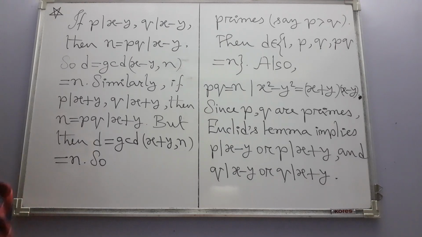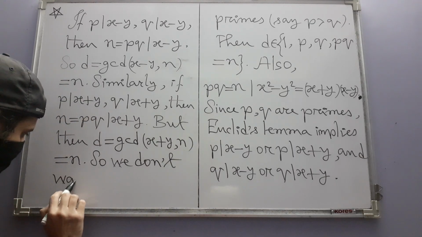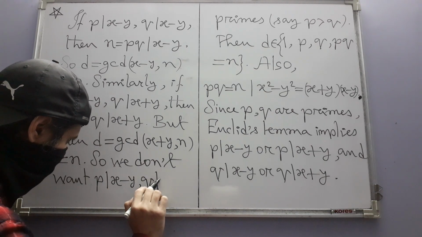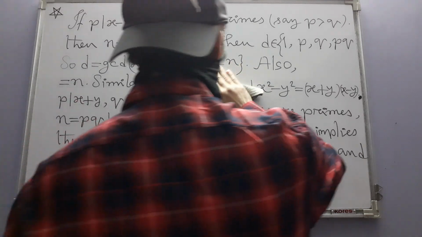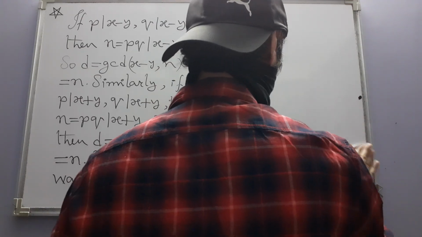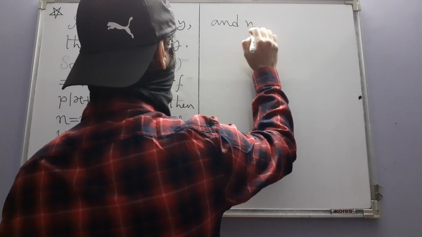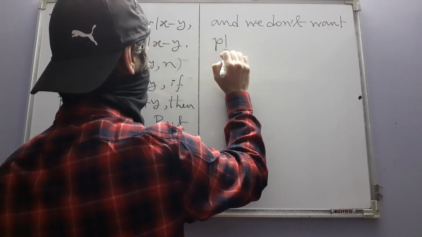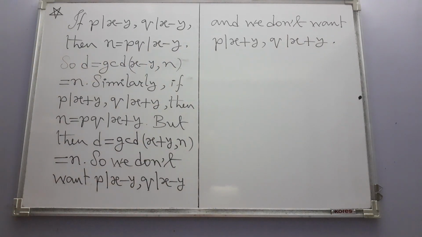So we don't want this, or we also don't want that other condition, that both the primes divide x plus y. And we don't want this.